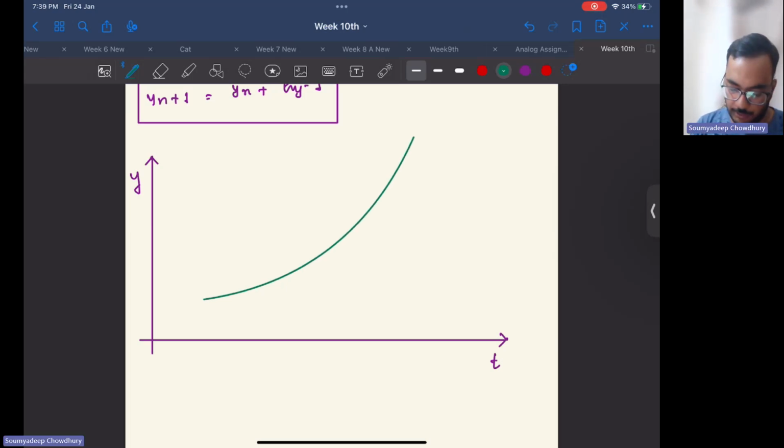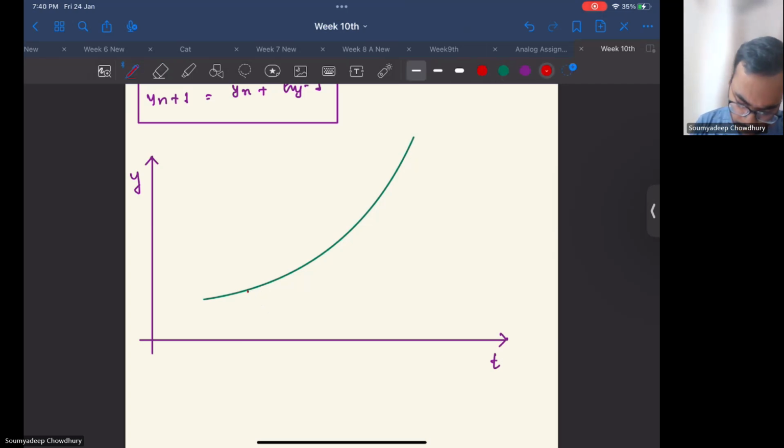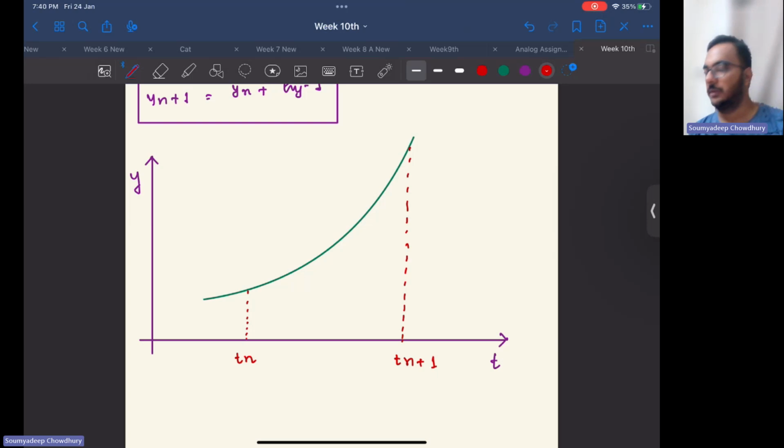So if this is the function, here you have this is a Tn plus 1, right?